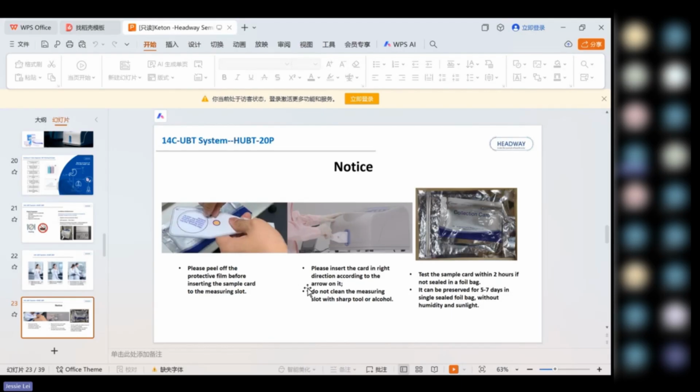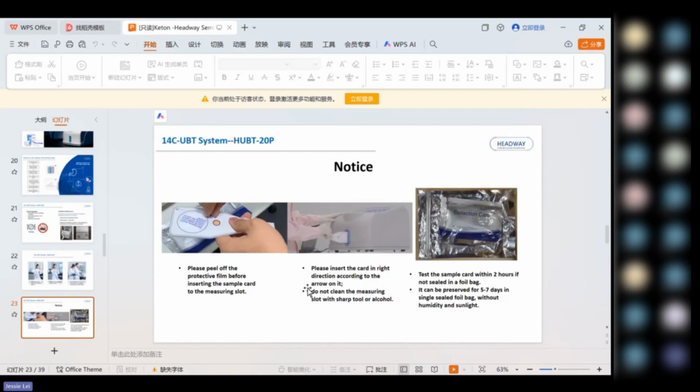When dealing with the sample, we need to pay attention to some notices. Before inserting the collection card into the measurement slot, we need to peel off the protective film. And when we insert the collection card into the measurement slot, place it in the right direction according to the arrow on it.